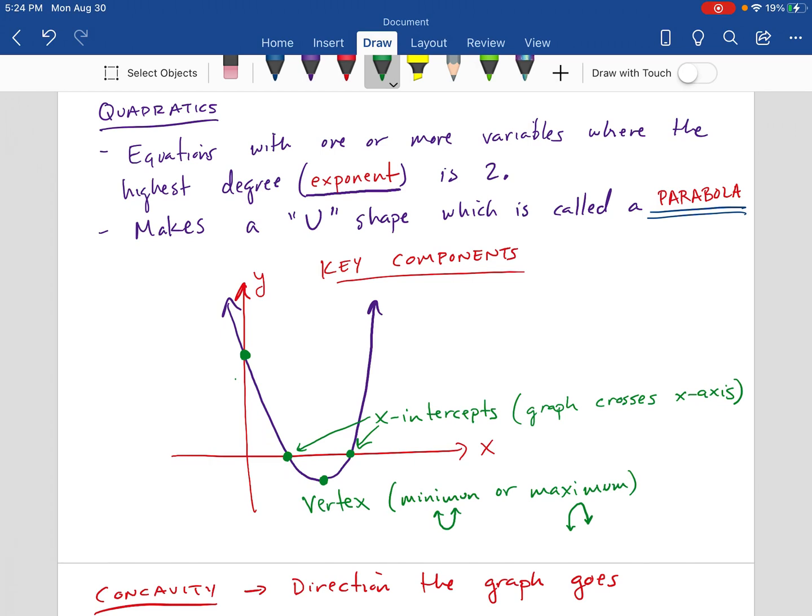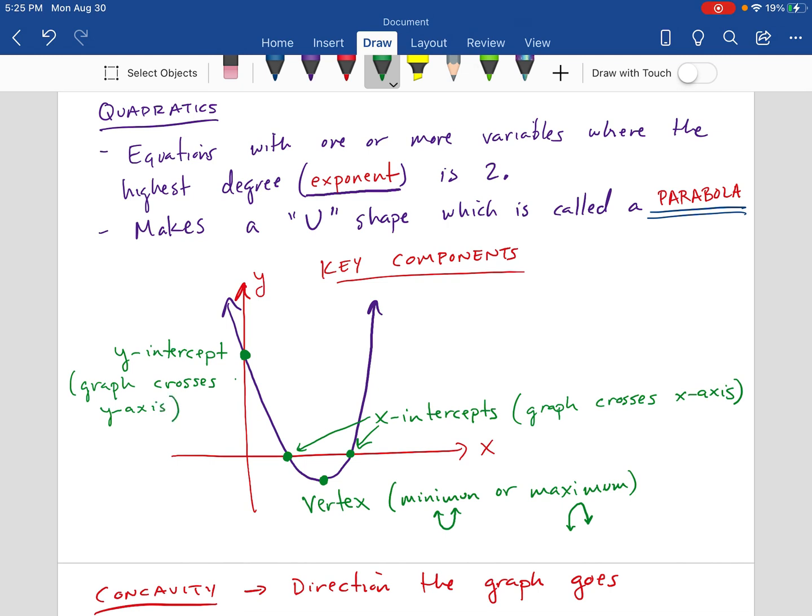So if your graph crosses the x-axis, it's called the x-intercepts, and if it crosses the y-axis, it's going to be called your y-intercept. This is when your graph crosses your y-axis.